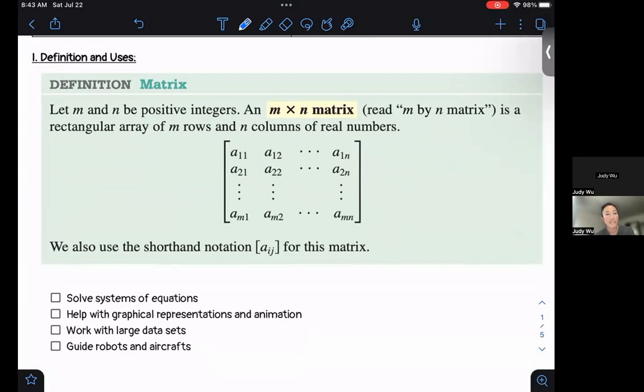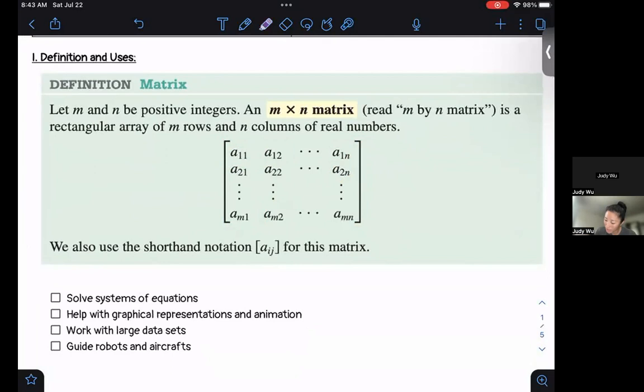When we see a matrix, we usually see it with square brackets, and inside the square brackets, we have a lot of entries. It turns out that we need to be able to describe the size of the matrix. We often call that the dimension.